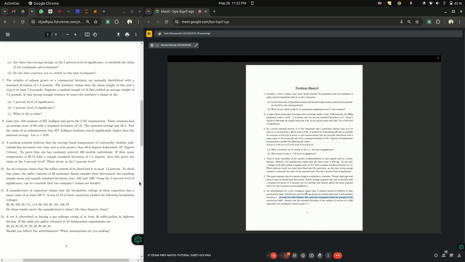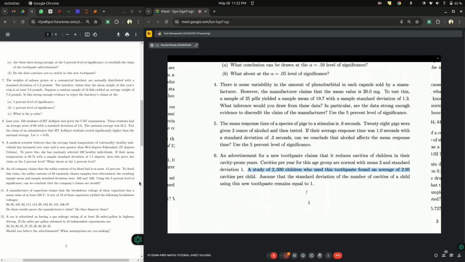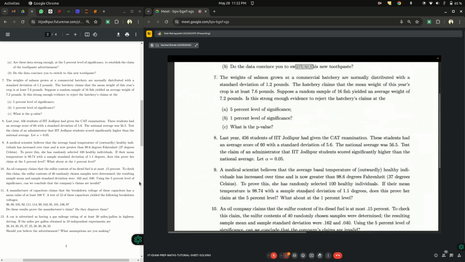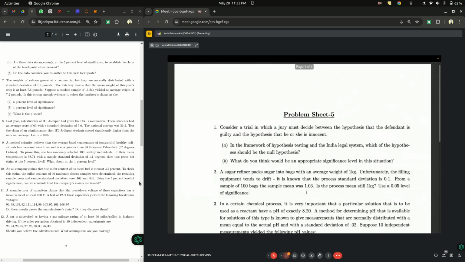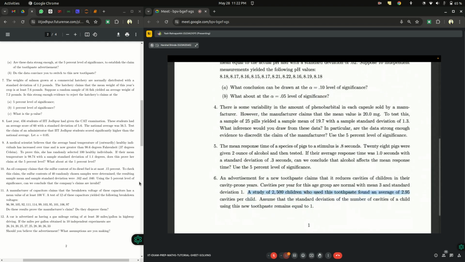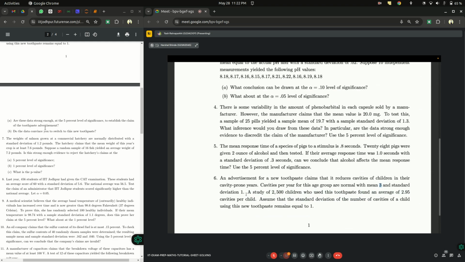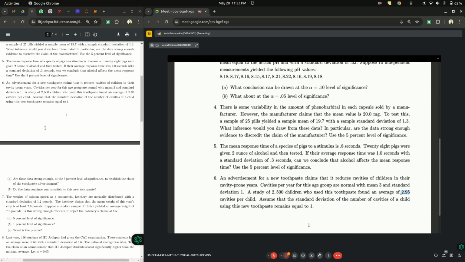See guys, थोड़ा सा importance of understanding the language here. What is in the question? It is saying that the cavity is 3, but after study of this it is 2.95. That means we are claiming that it will be less, and if our claim is correct then it will be beneficial to us, right?